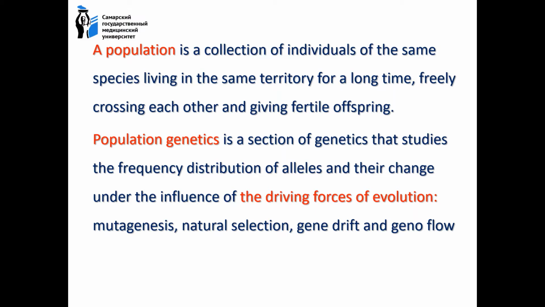Population genetics is a section of genetics that studies the frequency distribution of alleles and their change under the influence of the driving forces of evolution: mutagenesis, natural selection, gene drift, etc.